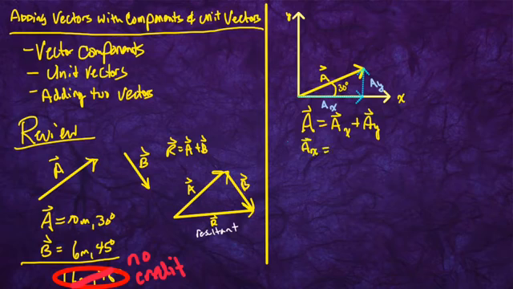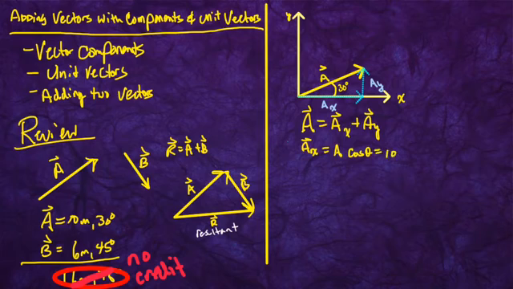Now, AX in that case is equal to A cosine theta. So it's the adjacent leg to the hypotenuse, or the adjacent leg to the angle in the hypotenuse. And so the length of AX is given by A cosine theta. Yeah?